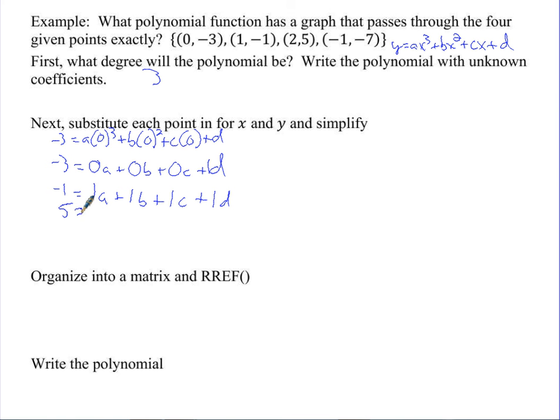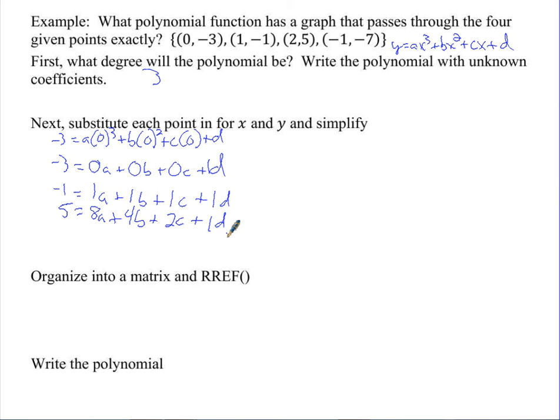So 2 to the third is 8a plus 2 squared is 4b plus 2c plus 1d.